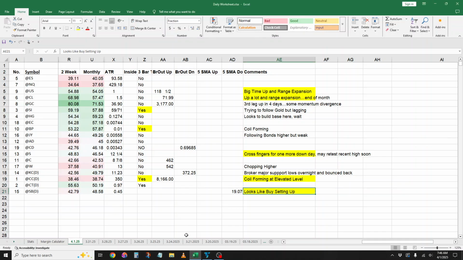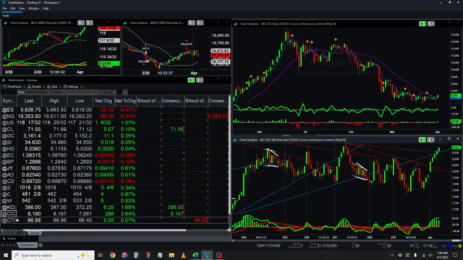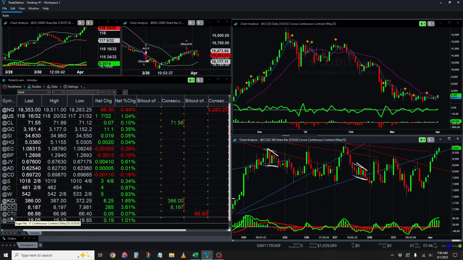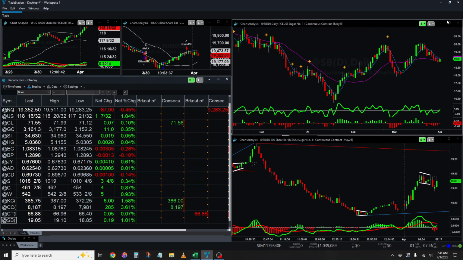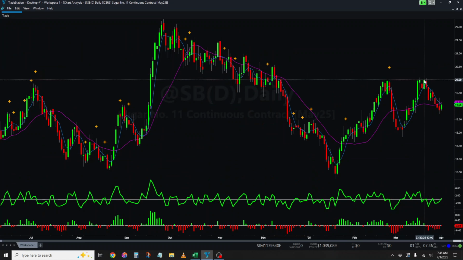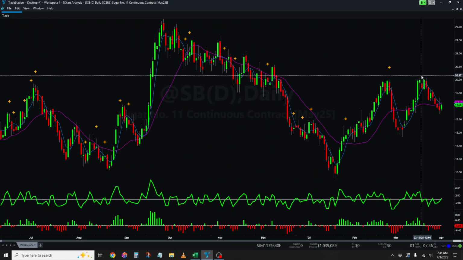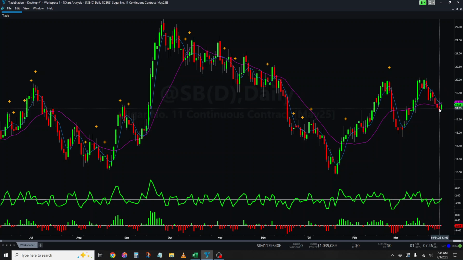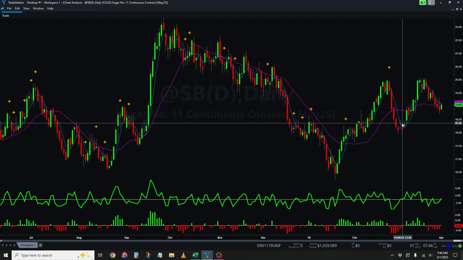and sugar. It's sort of like soybeans. It's near its lows, but a little bit of something might be forming here. We had this strong move up, tested it. We had put a buy stop in here. It did not get hit. Good. It came back down here. This could be forming a base here.